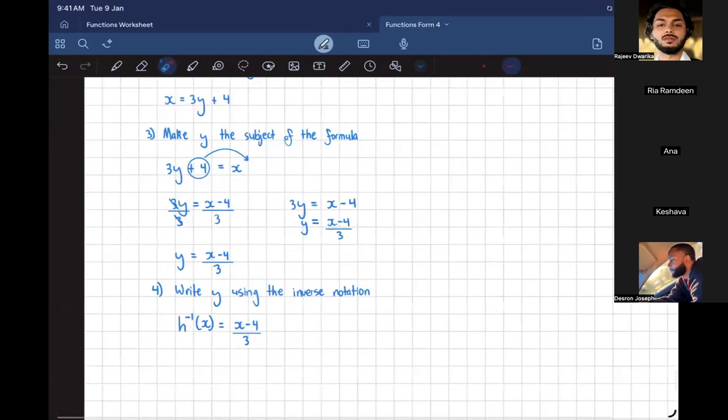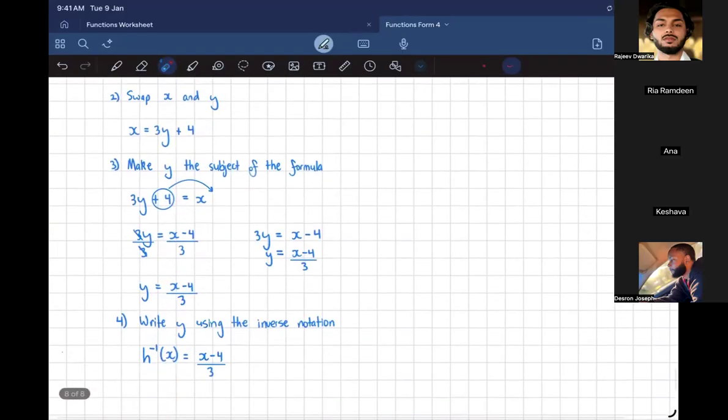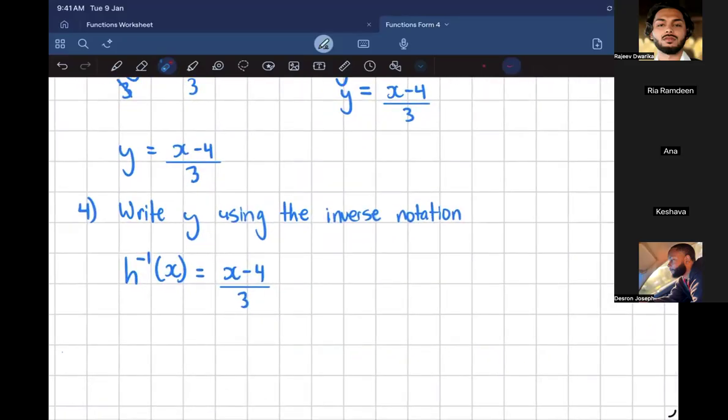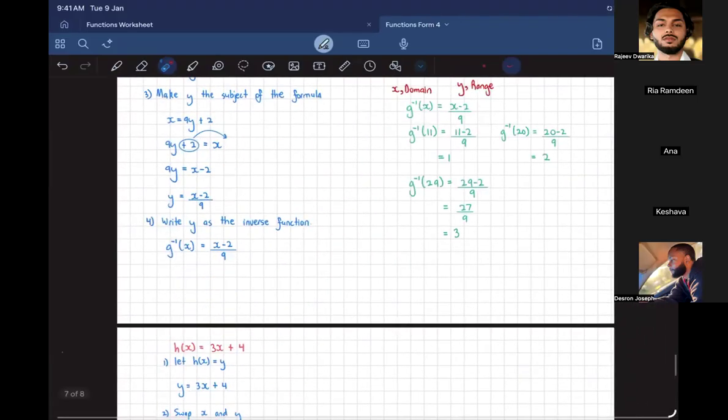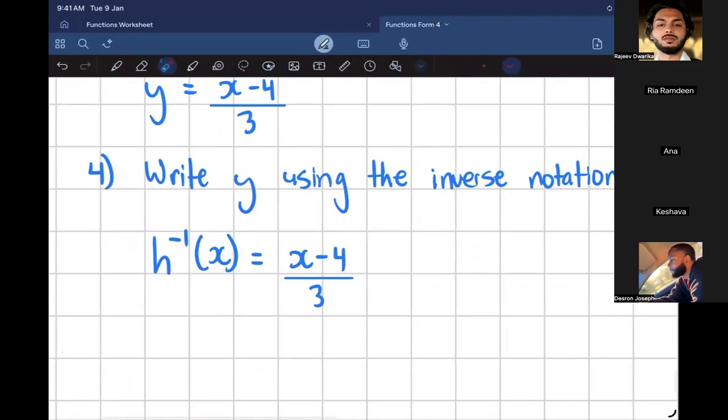All right. So Ria, the original function was h of x, right? What we just did was find the inverse function. And so the last step, once you have y, we write that using the inverse notation. To write that as the inverse function, I would say h minus 1 of x.